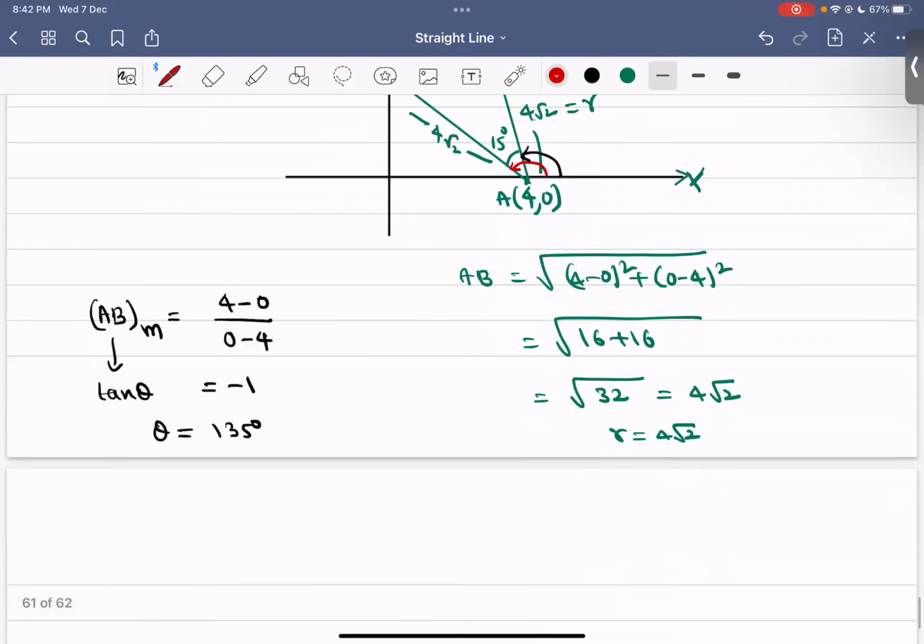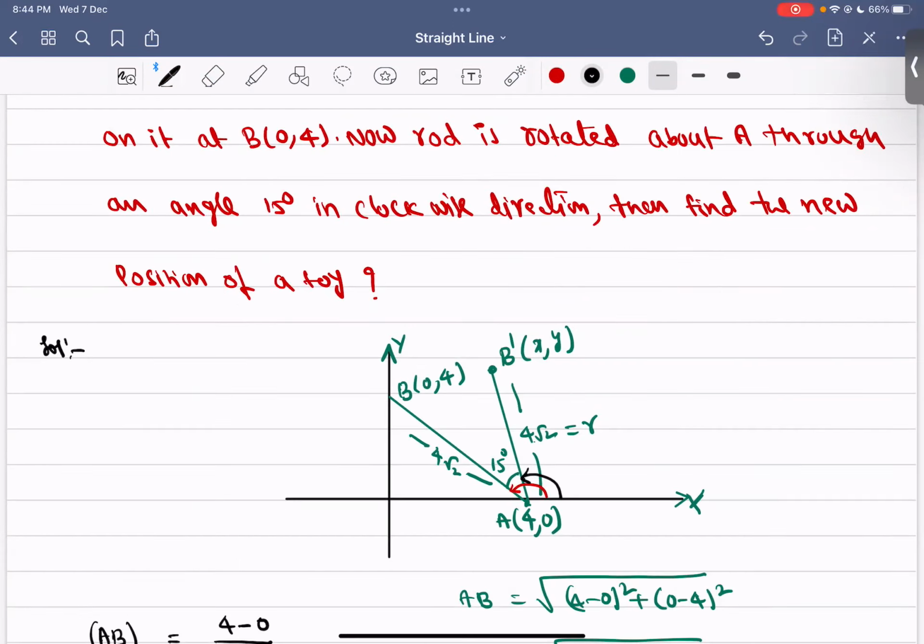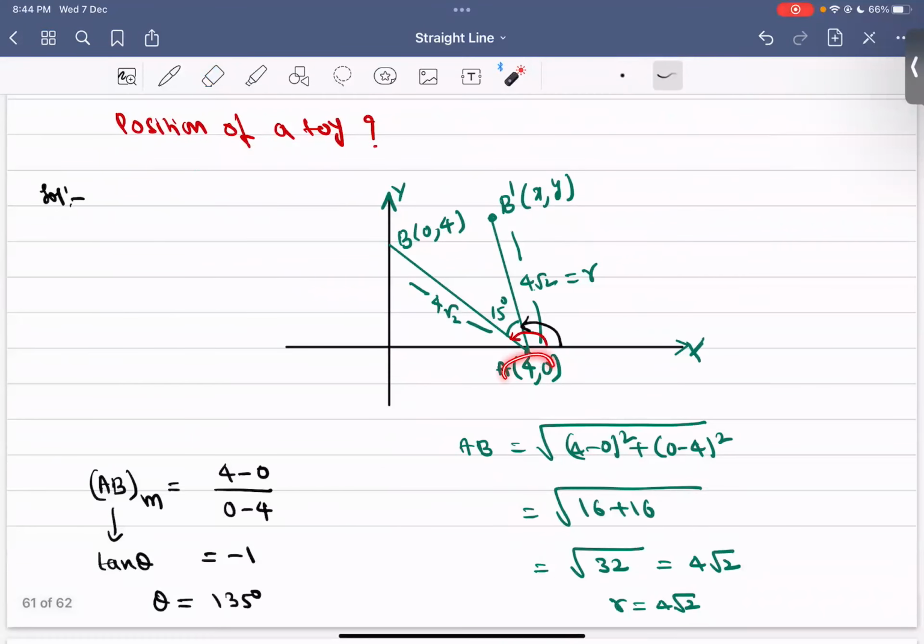That's why the slope angle of AB prime is our requirement. So AB prime angle is 135 degrees minus 15 degrees, that is 120 degrees. What is our requirement? B dash (x, y). Therefore, fixed point (4, 0), R is 4 root 2 and theta is 120 degrees. We need the B dash coordinates.